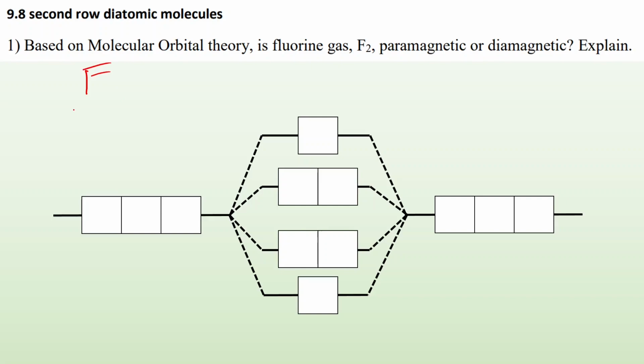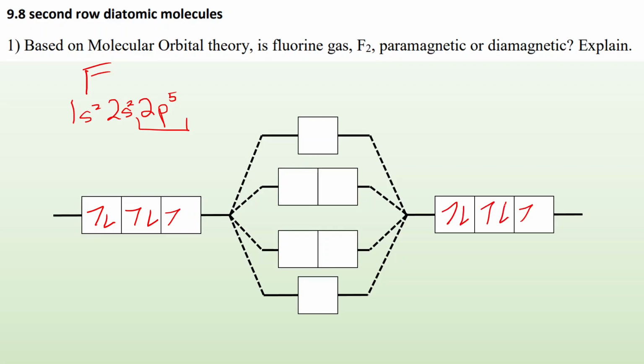We know fluorine has an electron configuration of 1s2, 2s2, 2p5. So we're going to focus on the 2p5 electrons. So we got 1, 2, 3, 4, 5 atomic electrons, and then same thing over here, 1, 2, 3, 4, 5.